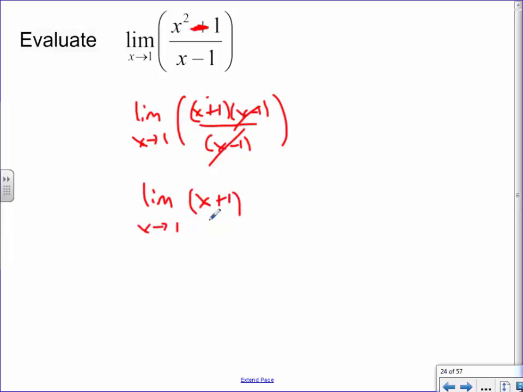Now I could write the limit for both of these individually, or rather than doing that, I can now substitute in 1 for x, so I'm no longer going to write in my limit notation. By the way, sometimes it's nice to write equal signs here, just to kind of keep this straight. And I'll just substitute x with 1 and say 1 plus 1, and say that this is equal to 2.